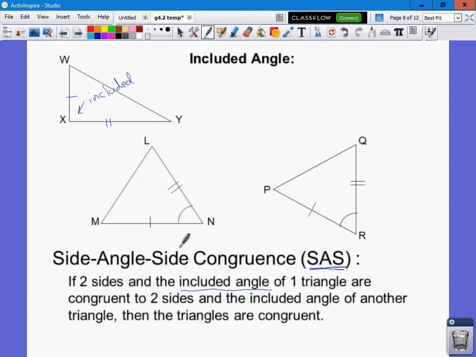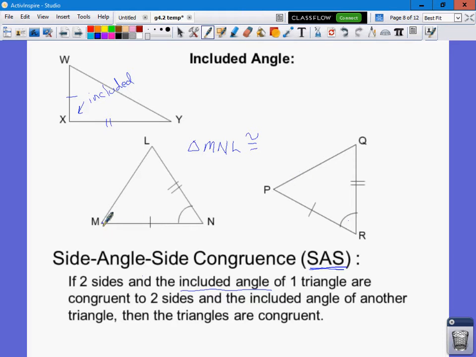So if I look at my picture up here, I've got two sides congruent and this angle that's included. I have two sides that are congruent and the included angle. So I could write a congruence statement. Again, the order of the first triangle makes no difference. I'm going to say M, N, L. The order that the second one is in now matters because corresponding parts have to be lined up.